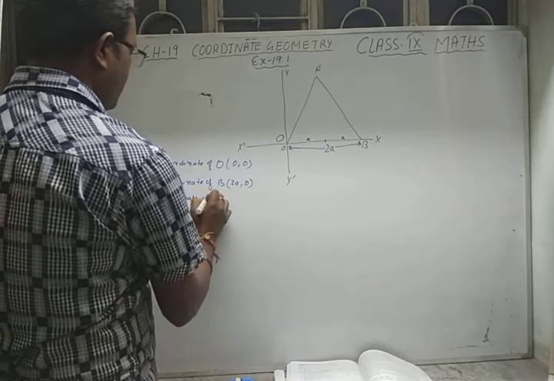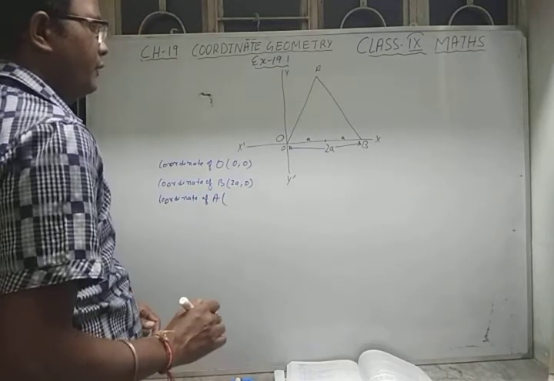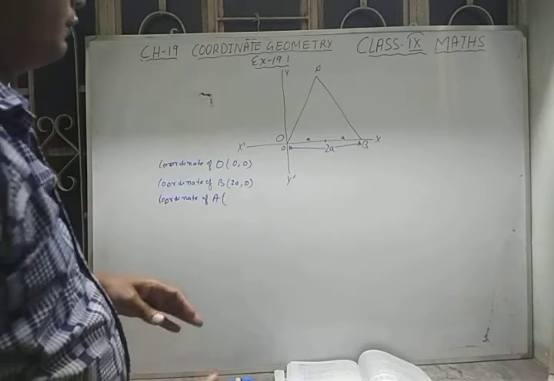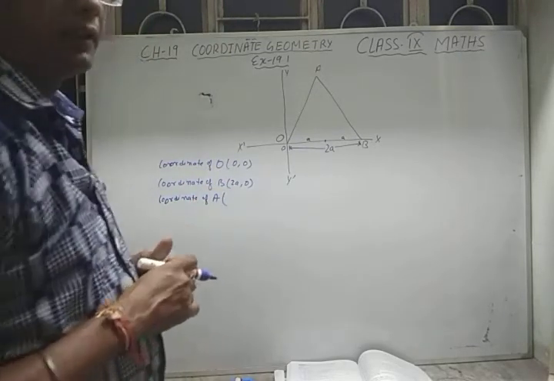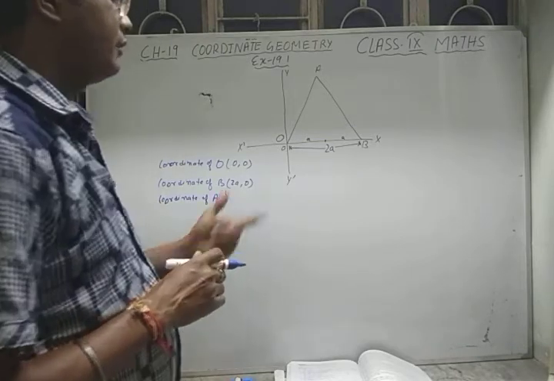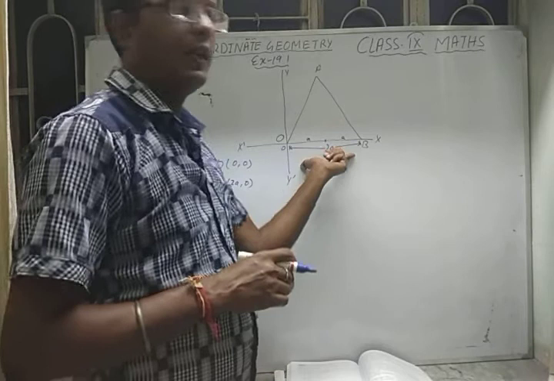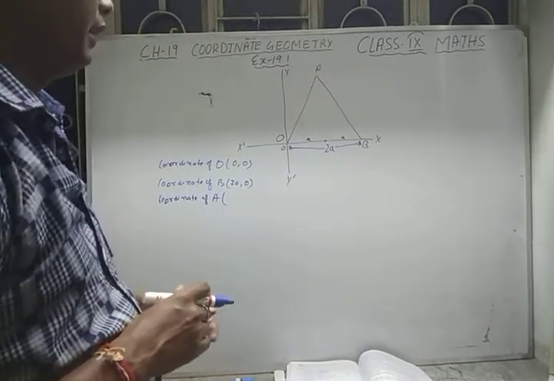And then you have to write the coordinate of A. What will be the coordinate of A? To find the coordinate of A, we have to do some calculations over here. Since it is an equilateral triangle, and since one side is 2a, all the 3 sides are also 2a.